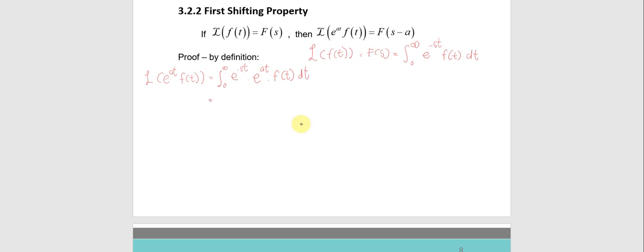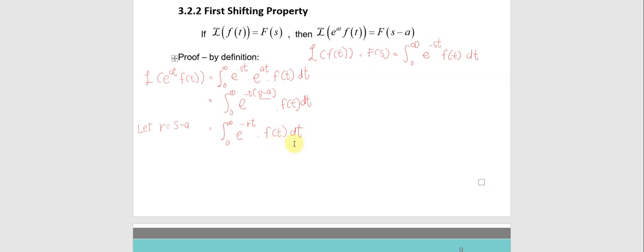This equals the integral of e^(-t(s minus a)) f(t) dt. Let's say r equals s minus a, which comes from the power here. So you will have the integral of e^(-rt) times f(t) dt.